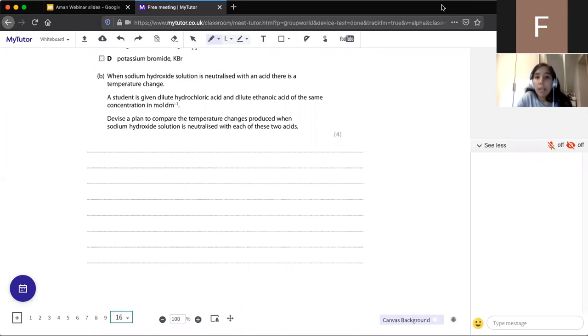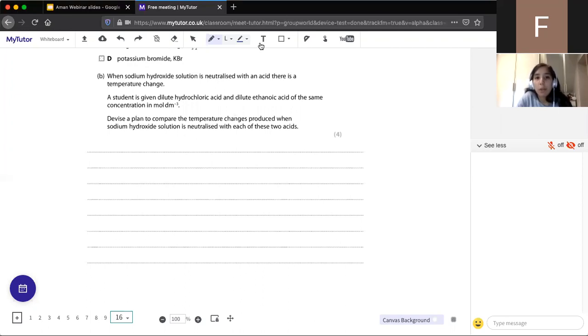So we're thinking about experimentally, how do we react to these? Brilliant. So 2 of the marks come from saying that you need a thermometer and you need a start and end temperature. So this is a 4-mark question. That gets you 2 of the marks. What else do we need to do? We've got 2 marks. We've talked about the temperature, and we've talked about the fact that we need to measure the start and end temperature.